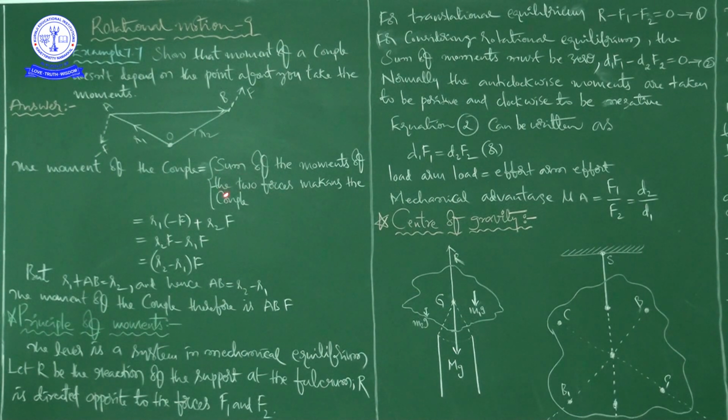You see this statement, the equation for the moment of the couple. The moment of the couple is equal to the sum of the moments of the two forces making the couple.